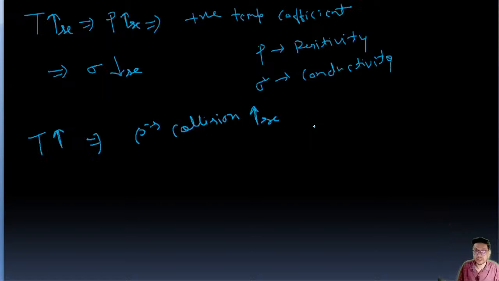Collisions of electrons increasing means the randomness of the electrons increases. It means the resistivity will increase, which implies the conductivity will decrease. Next, we will talk about the semiconductor. This was about the conductor, guys.